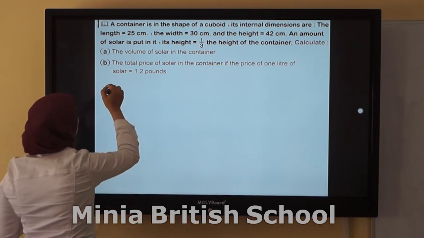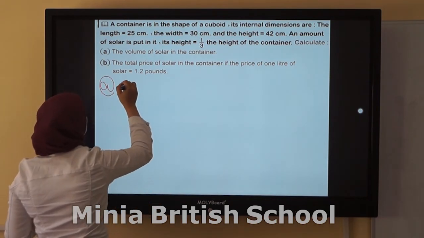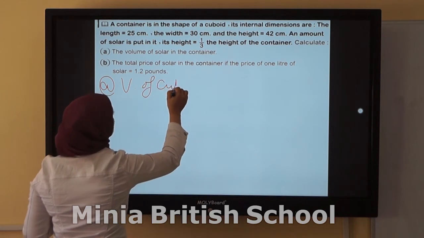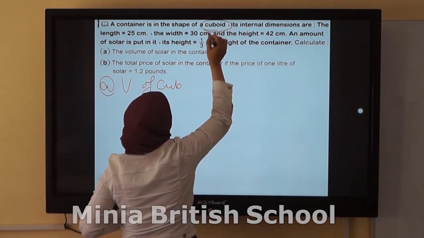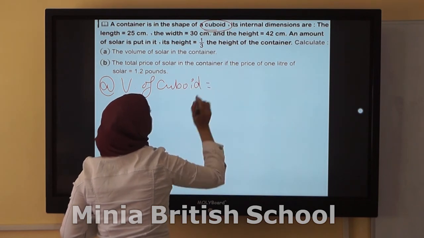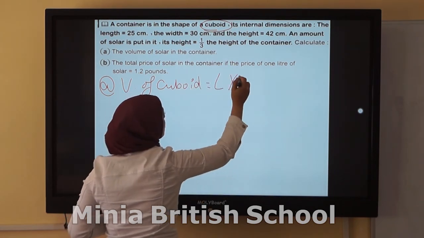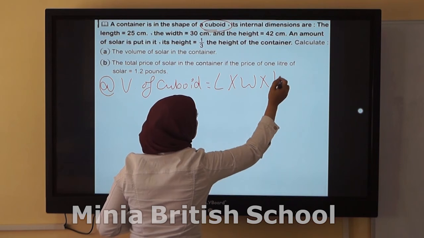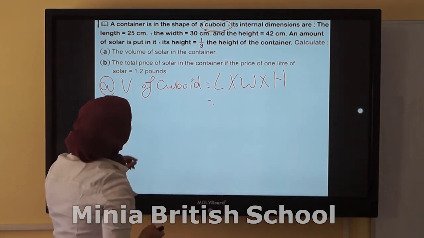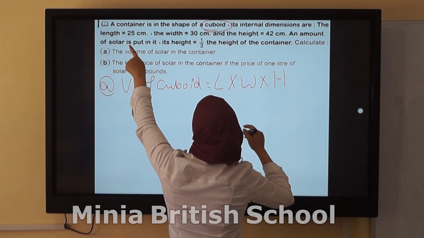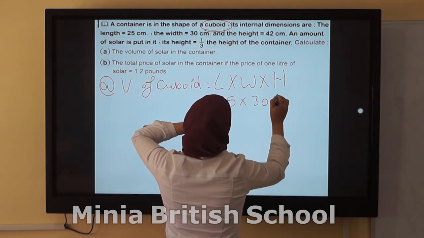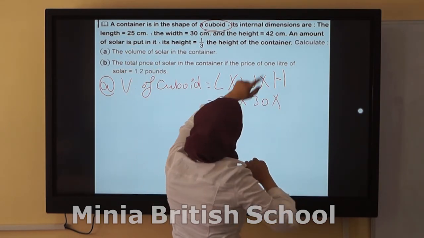So the volume of cuboid, because it's the shape of a cuboid, equals length times width times height. It's very important to write the rule. Here, the length 25 and the width 30, and the height is 42.